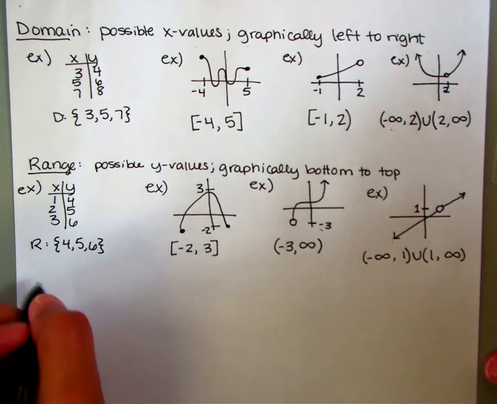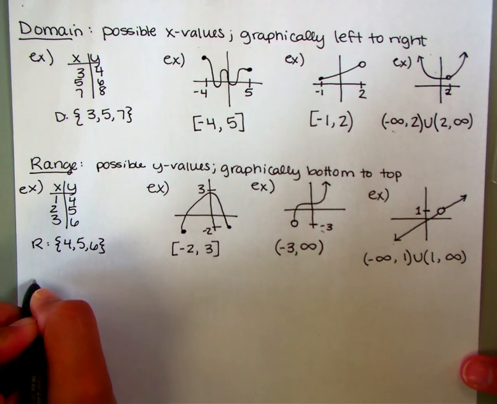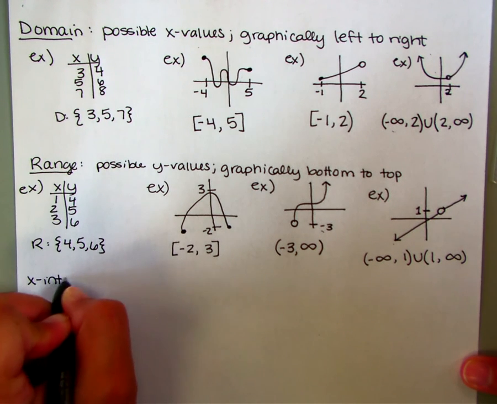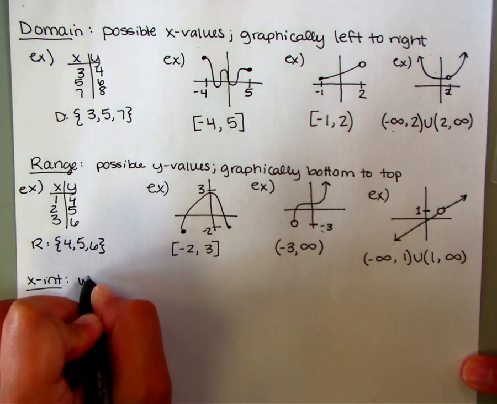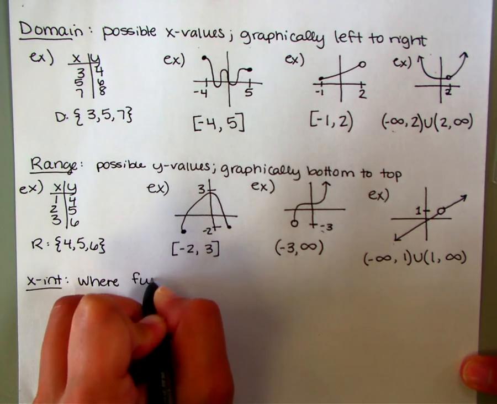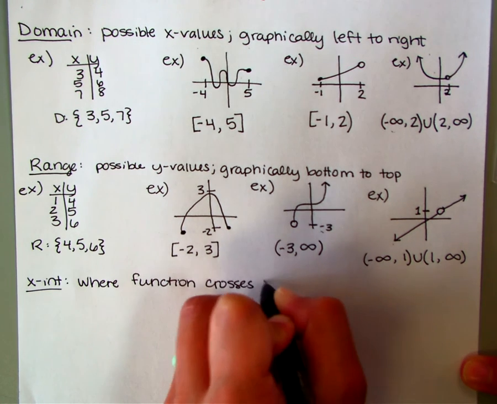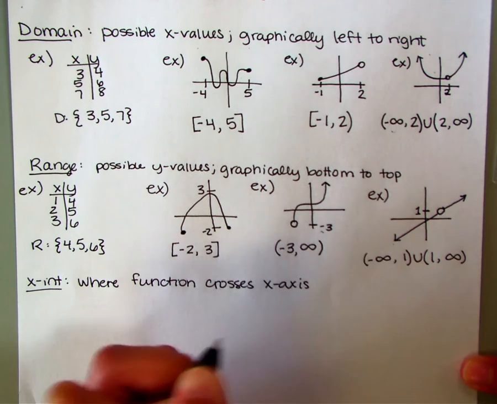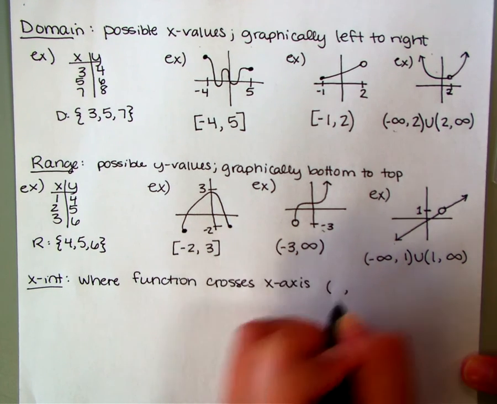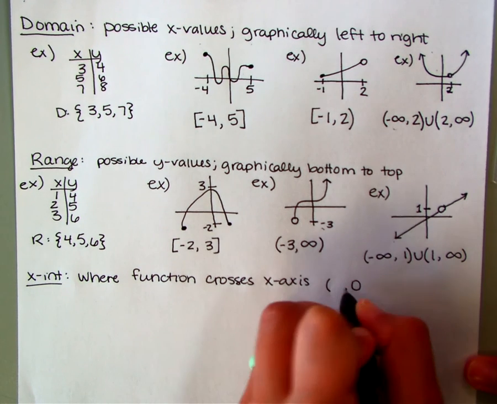We'll go over a couple of things. X-intercepts. That's where your function crosses the x-axis. So that is when your y is 0.